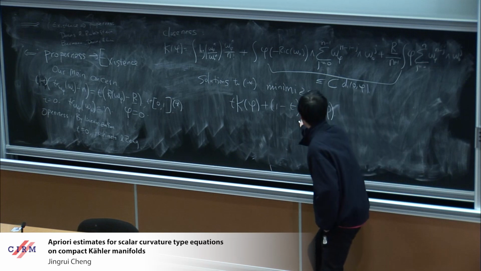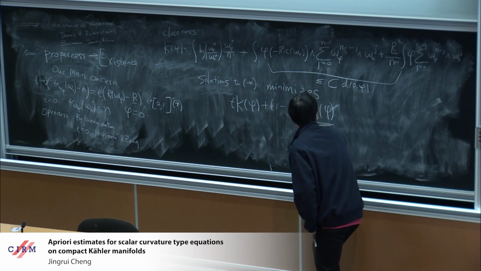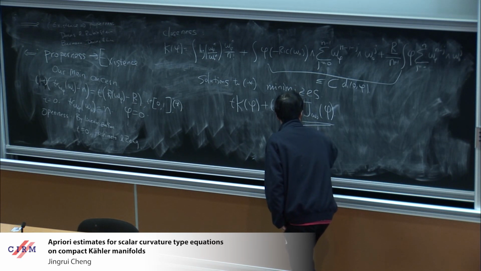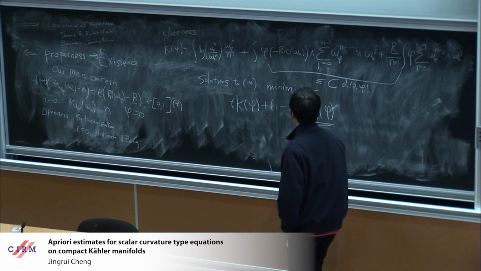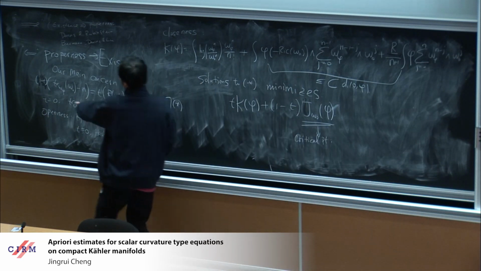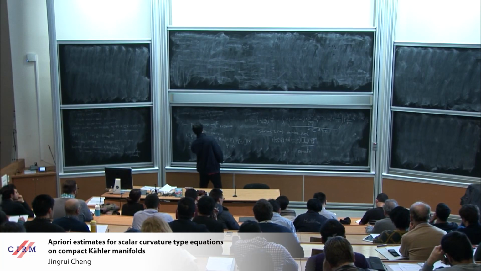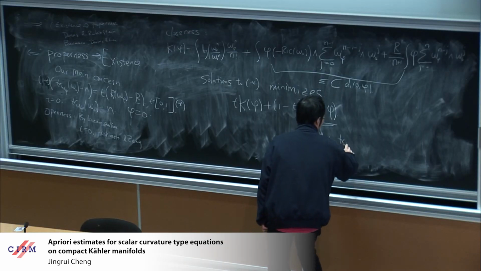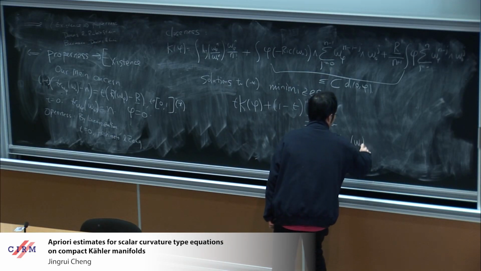So this functional has a critical point, given by the Euler-Lagrange equation: trace_omega_phi of omega_0 equals n.